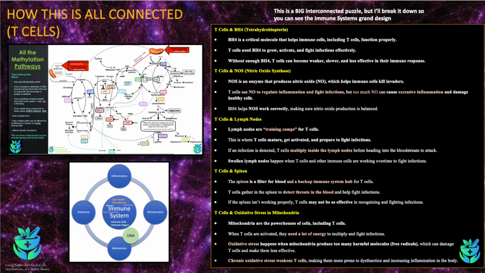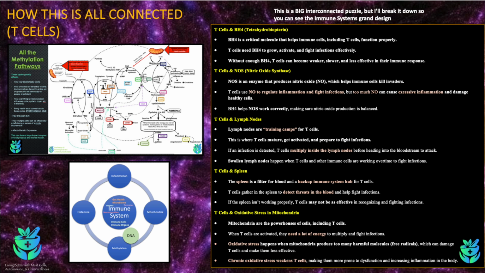T cells use nitric oxide to regulate inflammation and fight infections, but too much nitric oxide can cause excessive inflammation and damage healthy cells. BH4 helps NOS to work properly, so it's a trickle-down effect. So you must make sure that nitric oxide production is balanced.